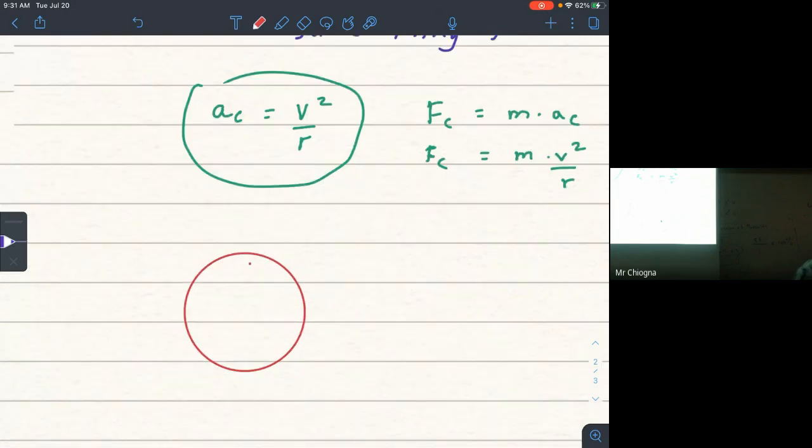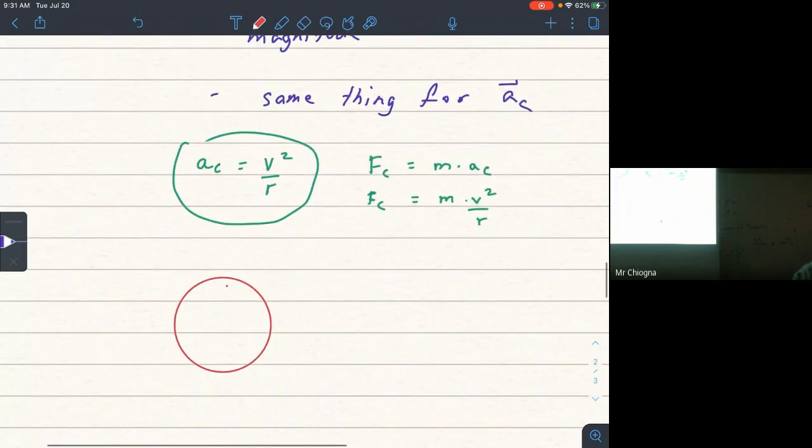Given a circle, I want to derive one more equation here. Given a circle of radius r, we're going to calculate another expression for the speed.